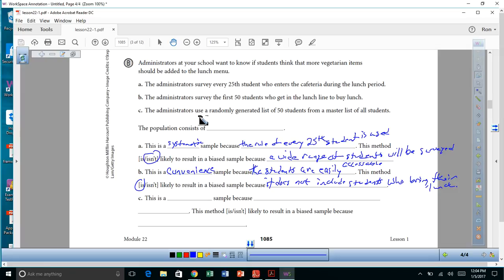C, the administrators use a randomly generated list of 50 students from a master list of all students. Okay, this is a simple random sample because each student has an equally likely chance of being chosen.